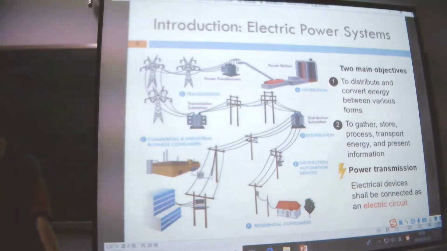You can see here we have some buildings inside this figure, right? The generator, the transmission, and distribution, distribution devices, automation devices, and in the end we have residential consumers. Or we can have industry business consumers, right? So this is the electric transmission system, right?